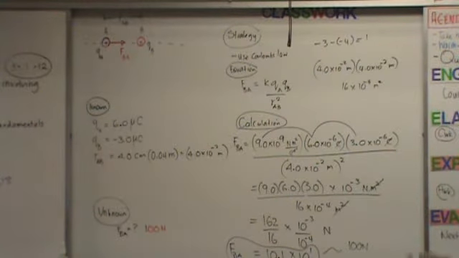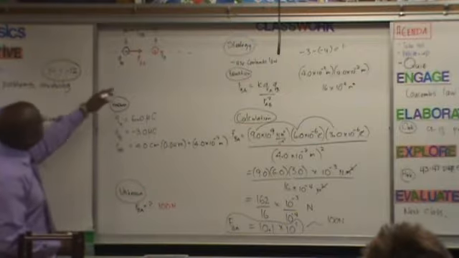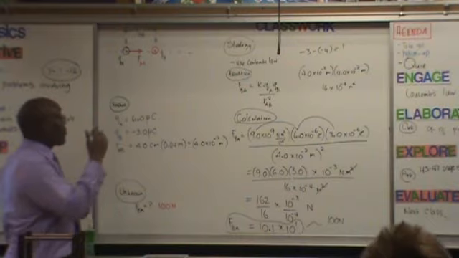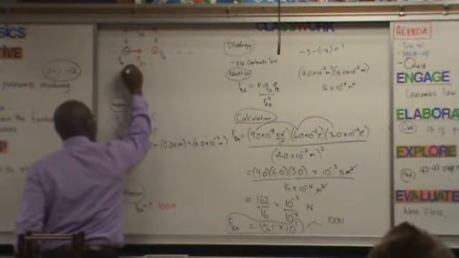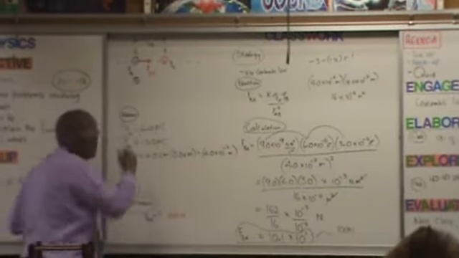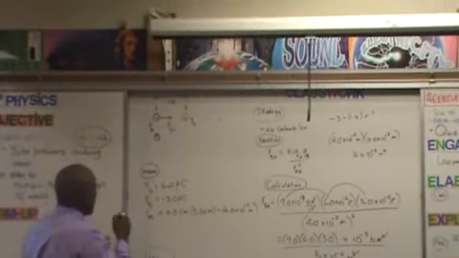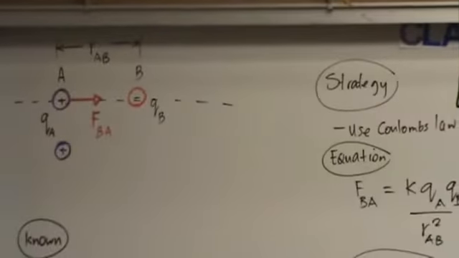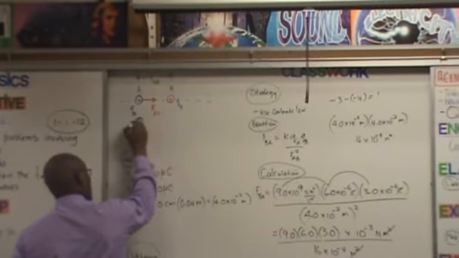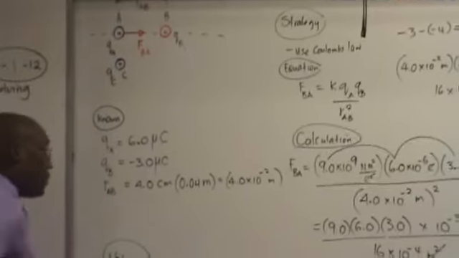We're ready for the next part. We have a third charge. And it's right here. And it's positive, right? Let's call it C. And so the charge on it is QC.